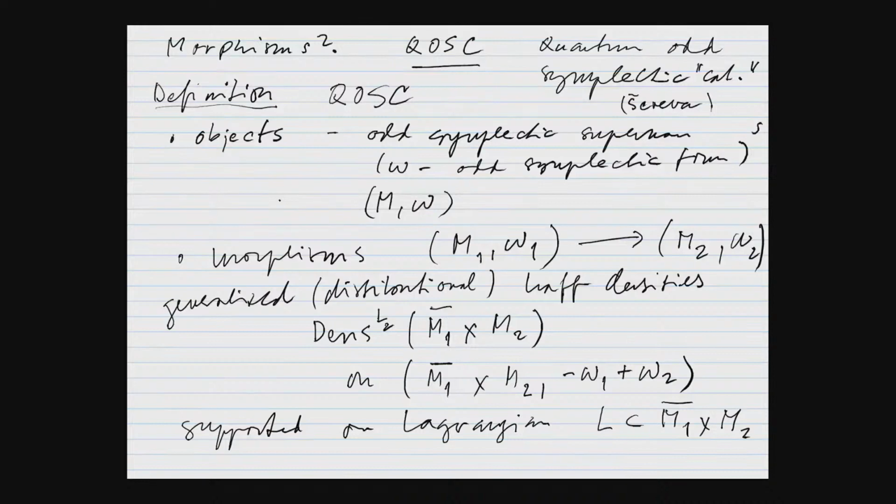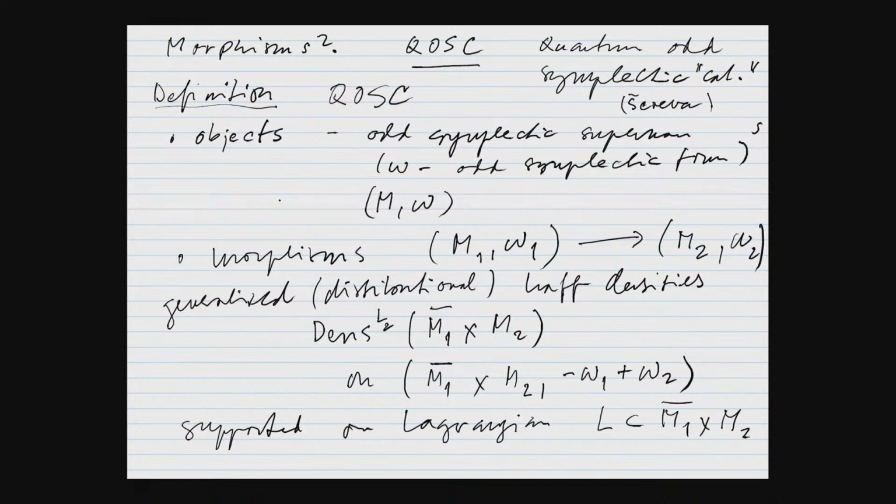Because if you have x and pi's which give you one as the Poisson bracket, you cannot put x and pi at the same time to be zero. It wouldn't be first class constraints. So this would make these equivalence relations or morphisms not symmetric.